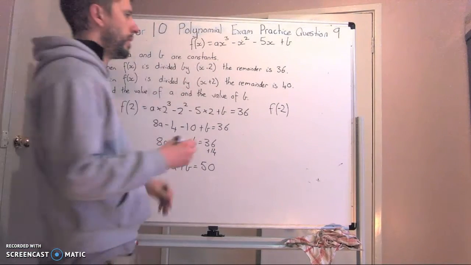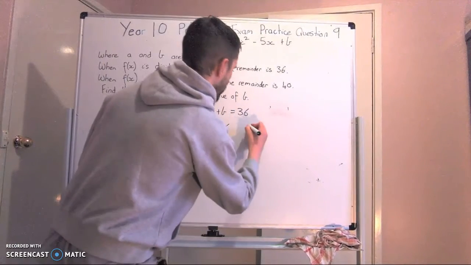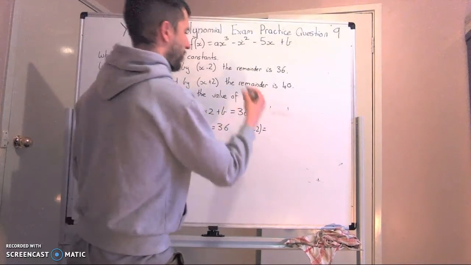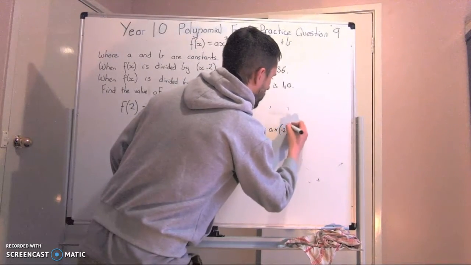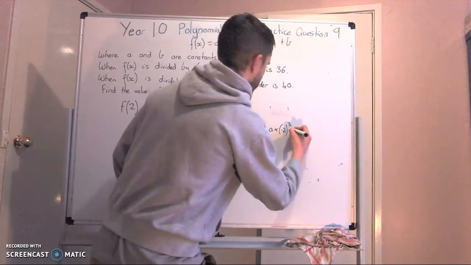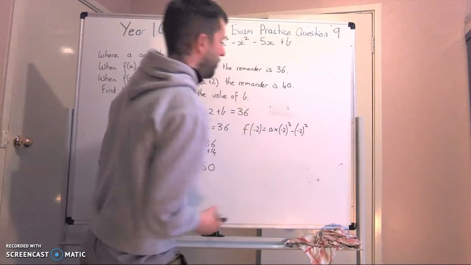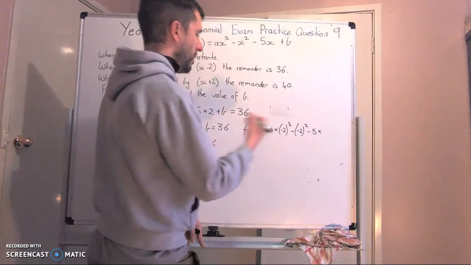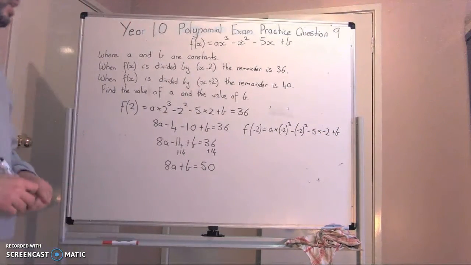So let's just look at it. I might actually move it over. Okay, so that means I've got a times negative 2 to the power of 3, take away negative 2 to the power of 2, take away 5 times negative 2, plus b. Now let's simplify this.